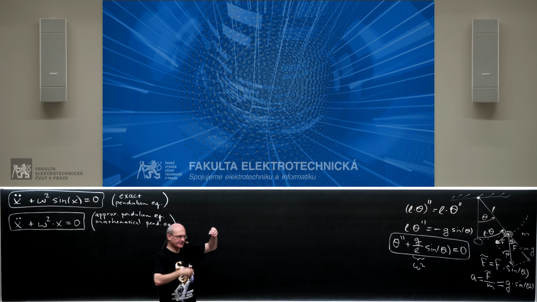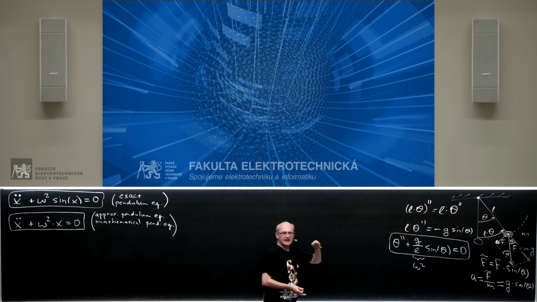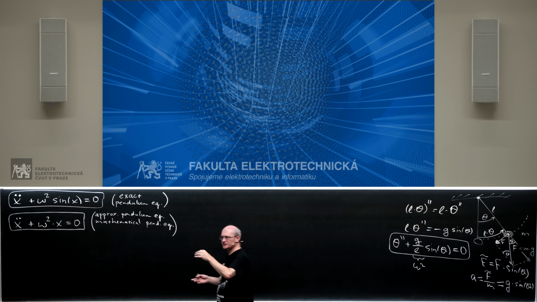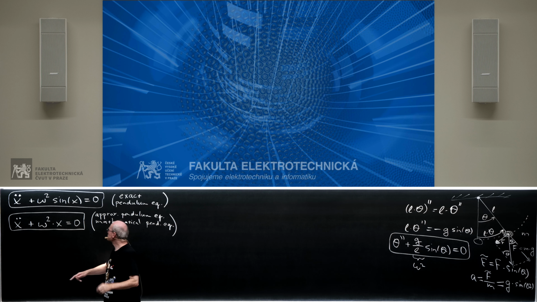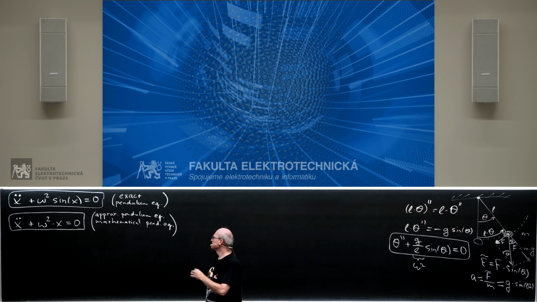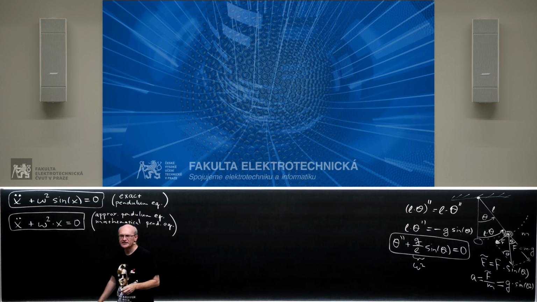So you've got real pendulum, it moves in a certain way, and you've got a mathematical pendulum, which is a model. Virtual pendulum, which moves in a slightly different way, perhaps because instead of sine of x, we are taking just x. And as I said, for small values of x, we hope that these two should be more or less the same.